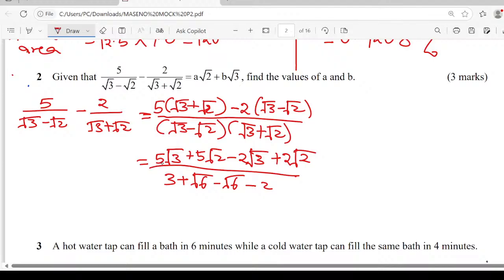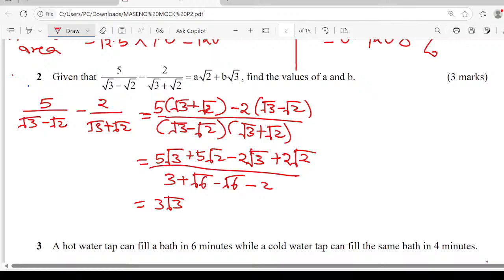For example, the like term to 5 root 3 will be negative 2 root 3 because they have the same number inside the root. And when you perform an operation, the number inside the root doesn't change. Only the one outside the root changes. So when I have 5 root 3 minus 2 root 3, I'm going to have 3 root 3.